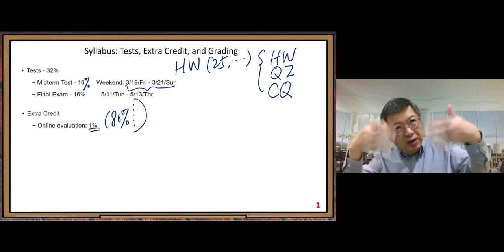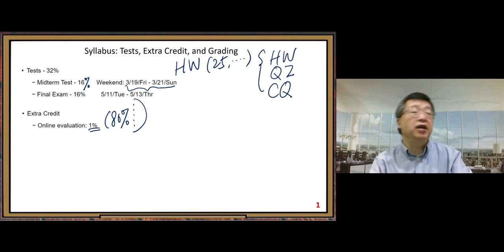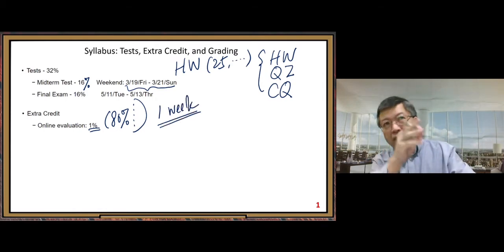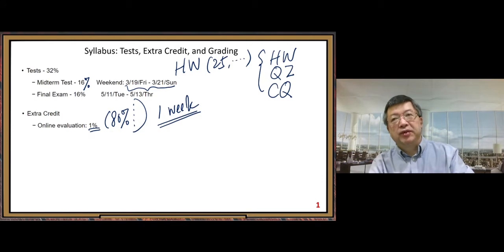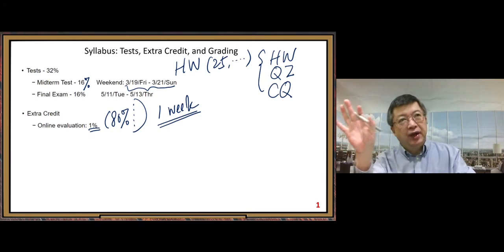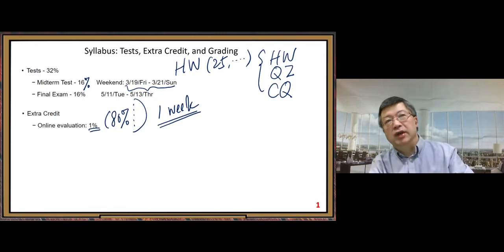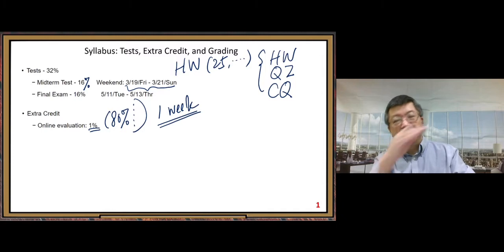So I try to encourage you to do the online evaluation. Usually the deadline is by the end of the semester, not the final week, the end of the regular class time.